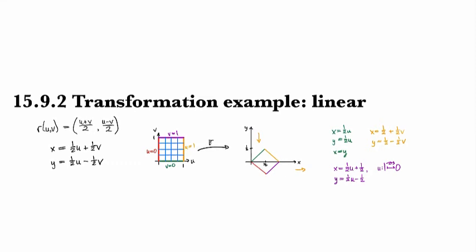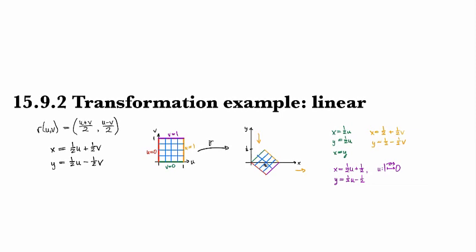So this is how we're able to figure out what the image of something looks like under a coordinate transformation. It looks like a square that's been rotated by 45 degrees and then flipped. You'll notice there's an orientation change.